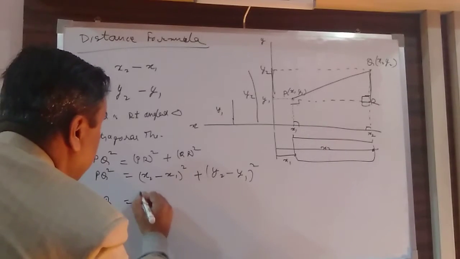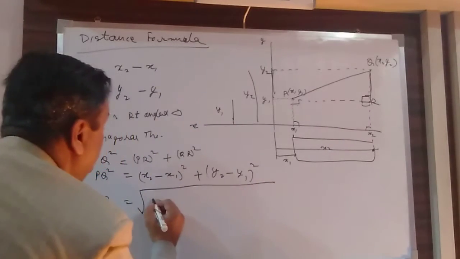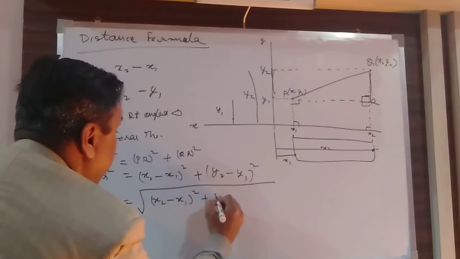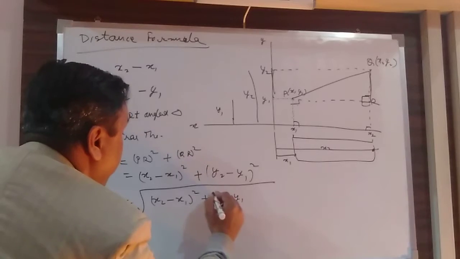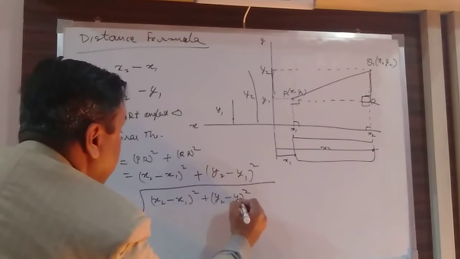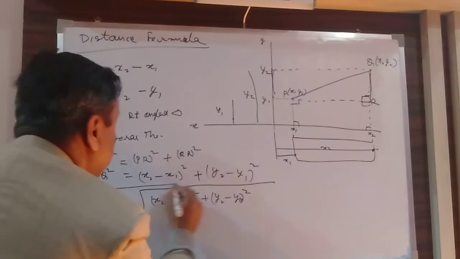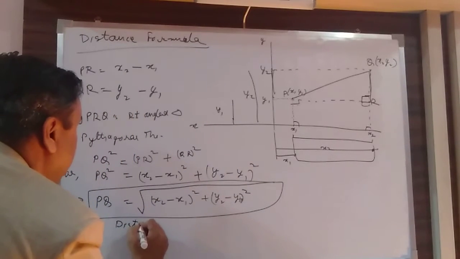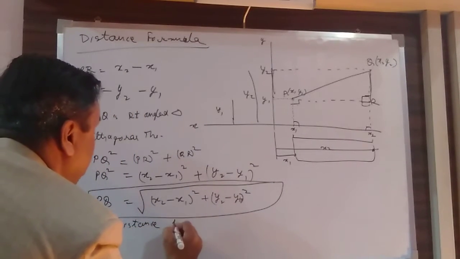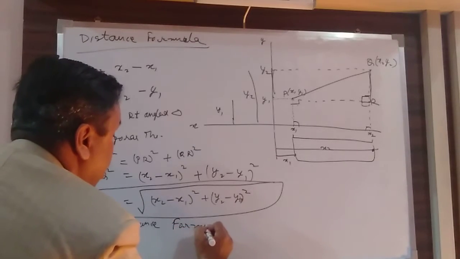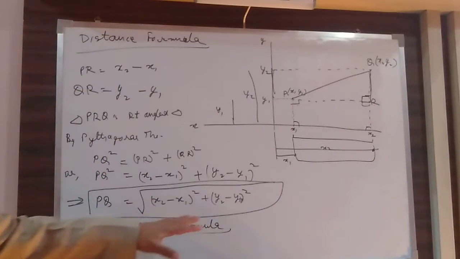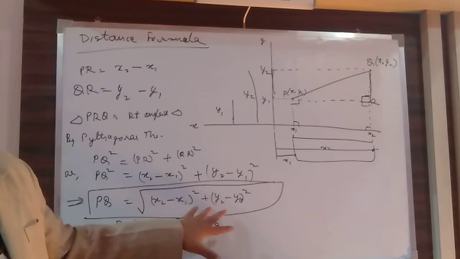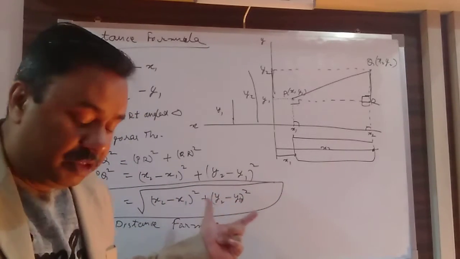PQ will be square root of x2 minus x1 square plus y2 minus y1 square, and this is called the distance formula, or the formula to find out the distance between any two given points. Okay, so this is the distance formula.